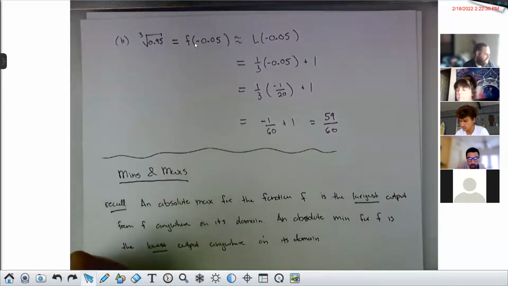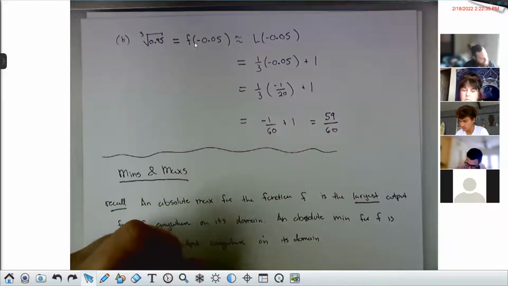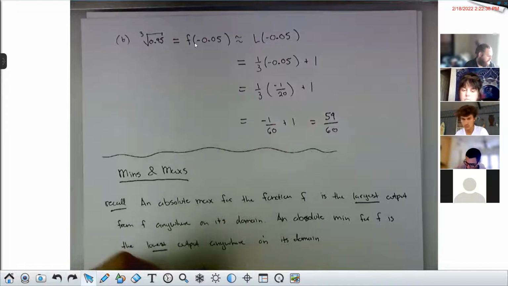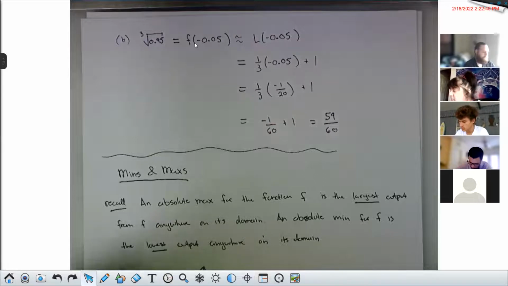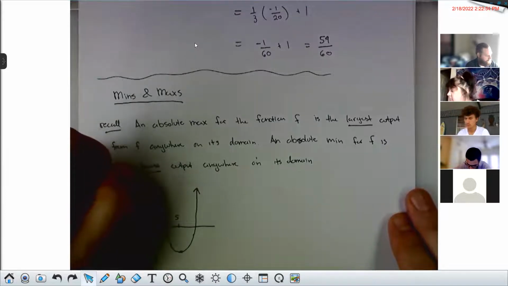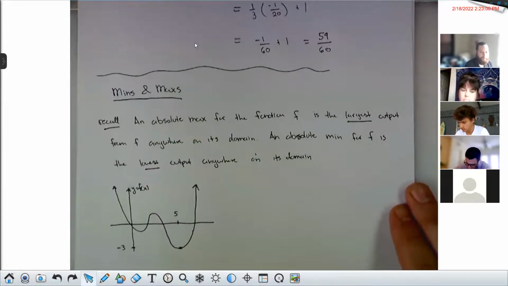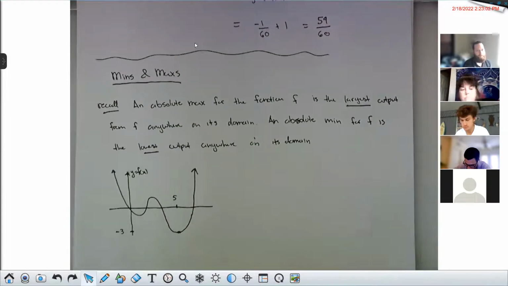So if I have a function that does something like this, and then something like this, and then goes up, and this point right here is like 5, comma, -3, then I would say the absolute min for f is -3 and occurs when x is equal to 5.